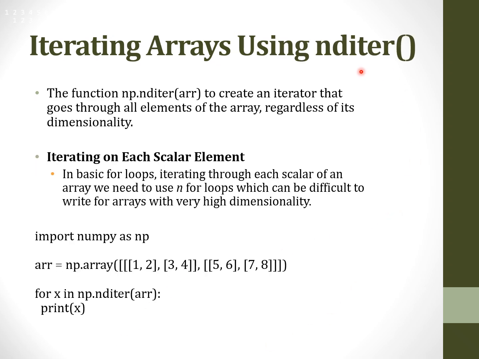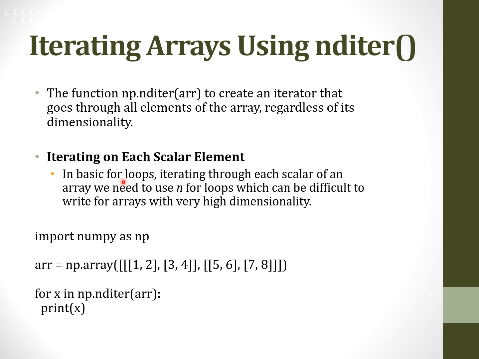We also have another way to iterate arrays using nditer. What does nditer do? It creates an iterator that goes through all the elements of the array regardless of the dimensionality.